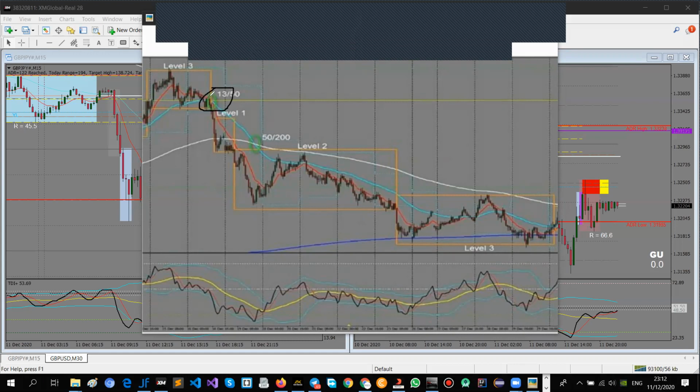This 13 and 50 crossover also shows the formation of level 1. So price went on into level 2. How do you see that? We have this 50 and 200 crossover. This is on the H1 time frame.